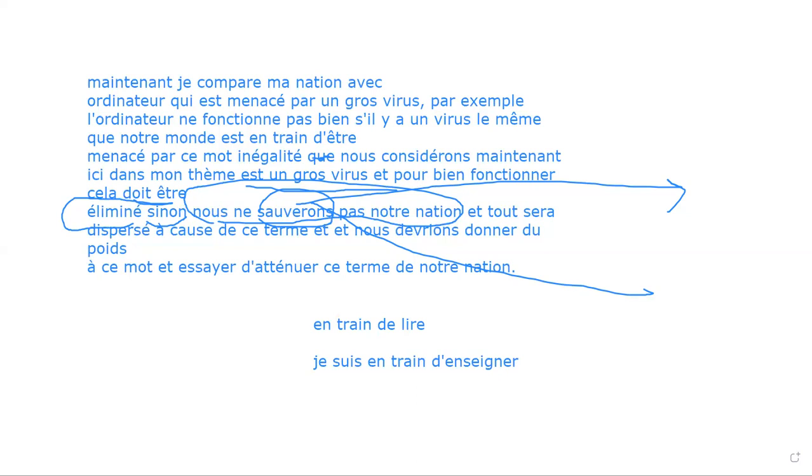Diminuer is to diminish, atténuer is to diminish, eradicate is to eradicate, eliminate is to eliminate. Et essayer d'atténuer ce terme de notre nation, to diminish this term of our nation. This is how we can start off with this, my teammates.